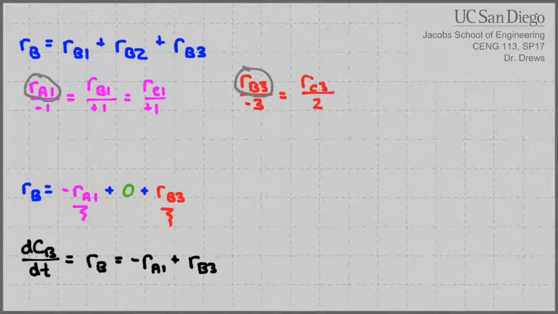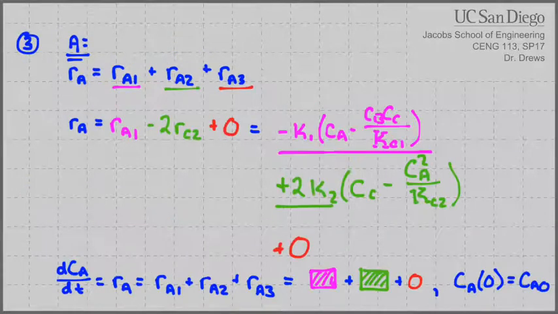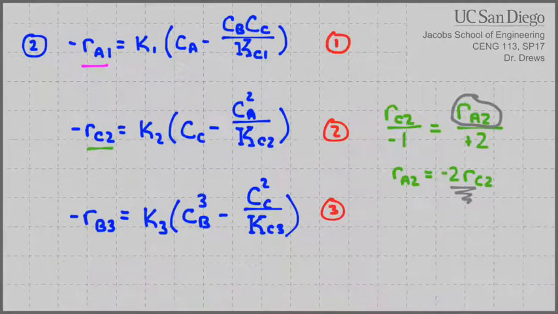Well, according to this expression, B is related to minus R sub A1, and minus R sub A1, according to the way that we wrote our reaction, is a positive quantity. We wrote minus R sub A1 as equal to the positive stuff on the right, so therefore we would expect B to be showing up as a product in reaction 1, which it is.